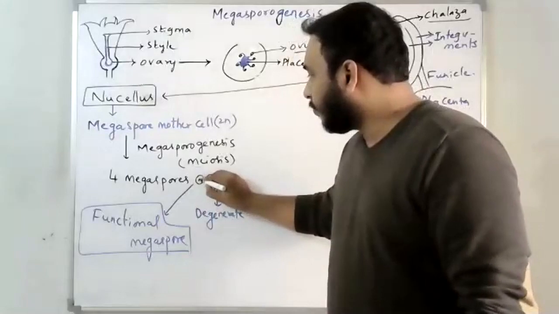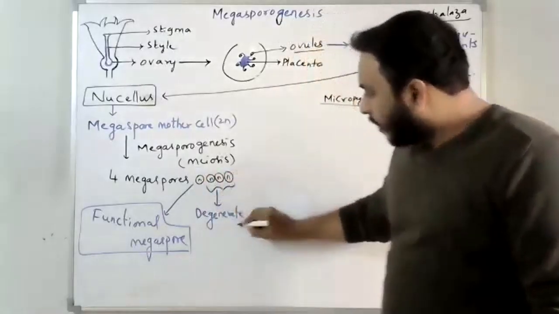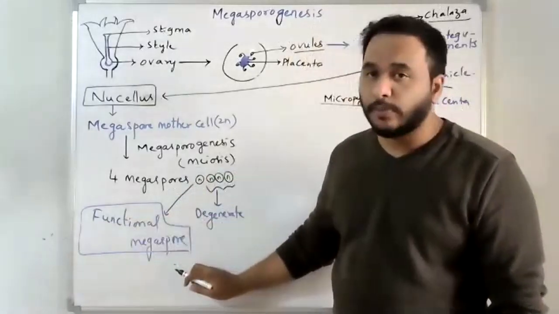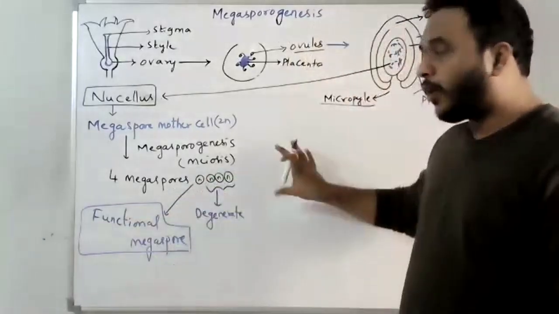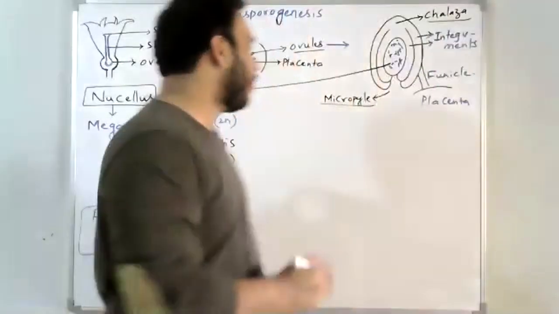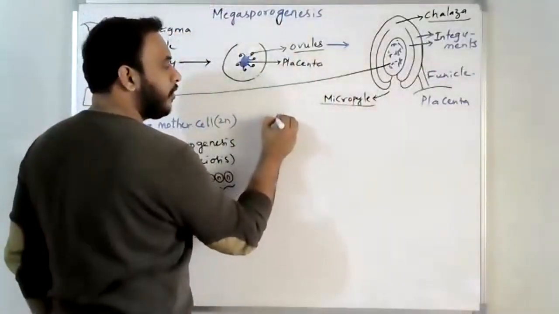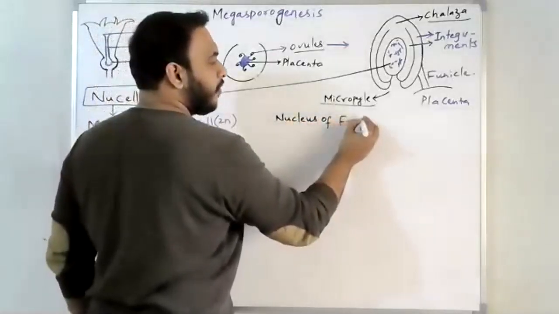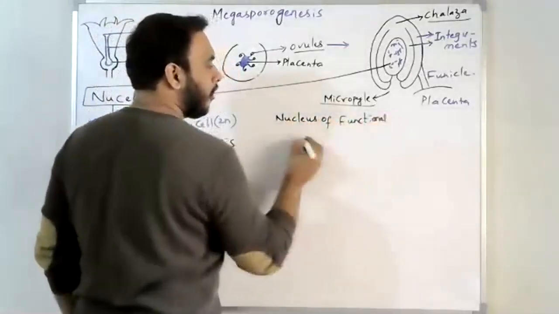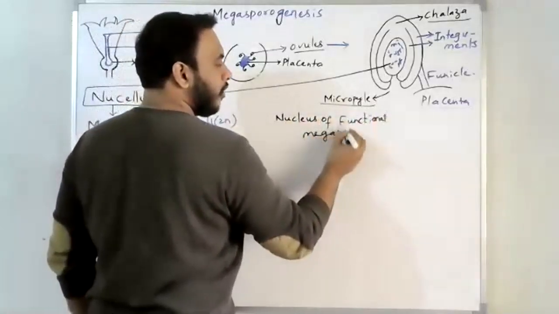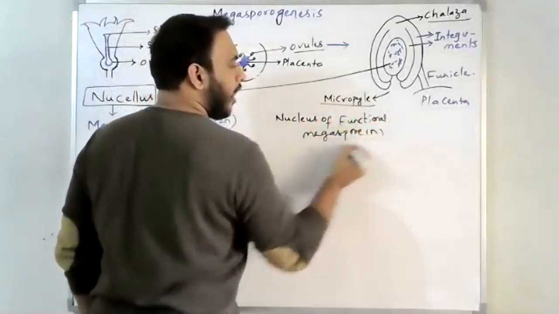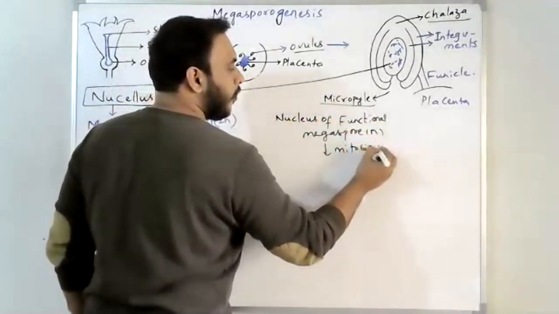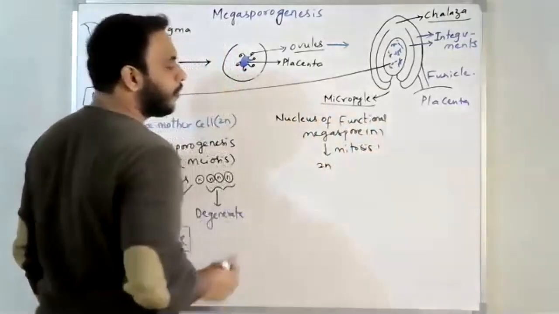Only one megaspore remains as the functional megaspore. This functional megaspore now undergoes mitotic divisions. The nucleus of the functional megaspore undergoes mitosis 1 and becomes 2 nuclei.